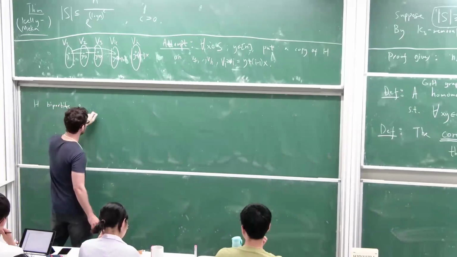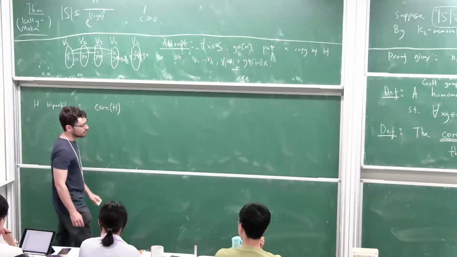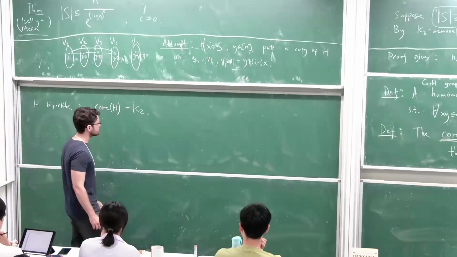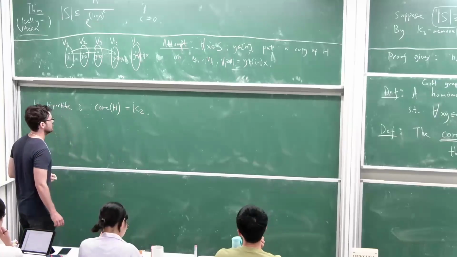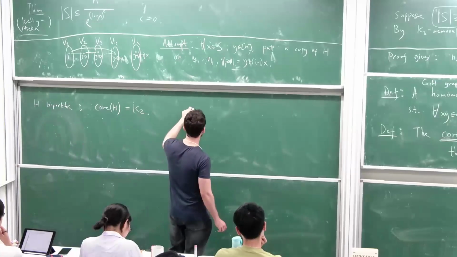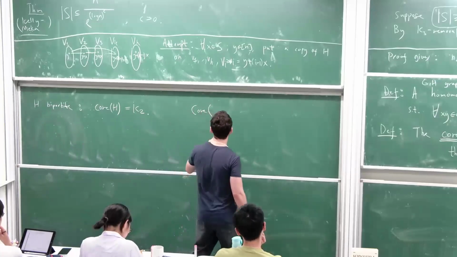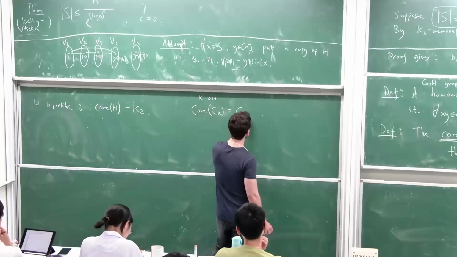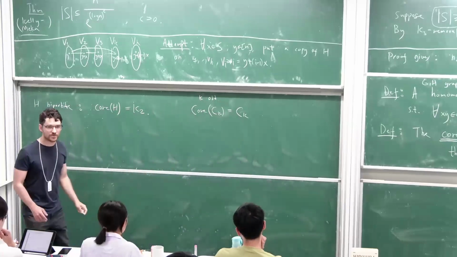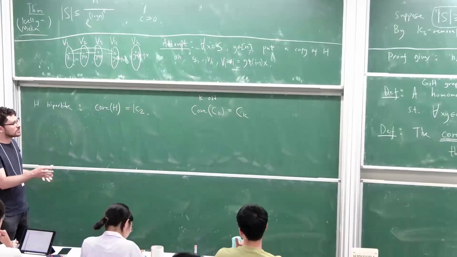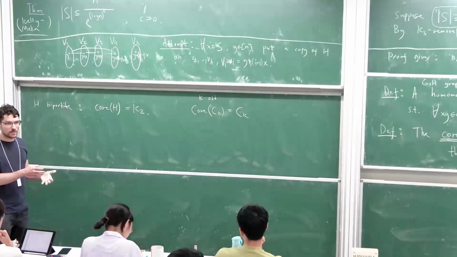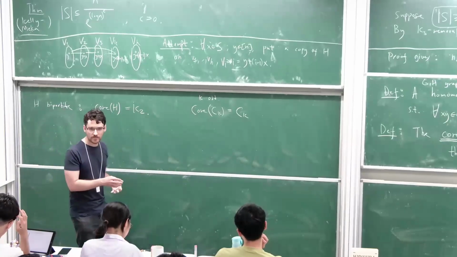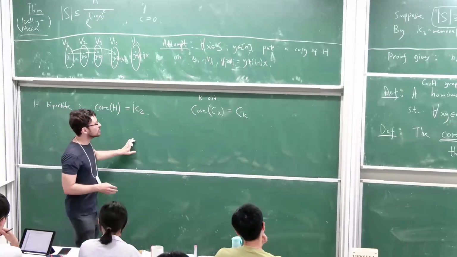Can someone tell me what the core of H is? And another example is an odd cycle, P_k. The core of P_k is the cycle itself, so there is no homomorphism to a proper subgraph. Every proper subgraph of P_k is bipartite. So the minimum subgraph to which there is a homomorphism is P_k.